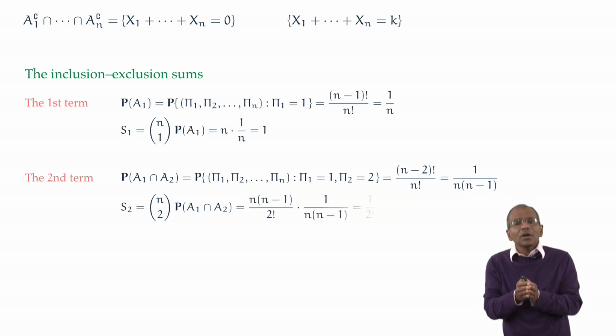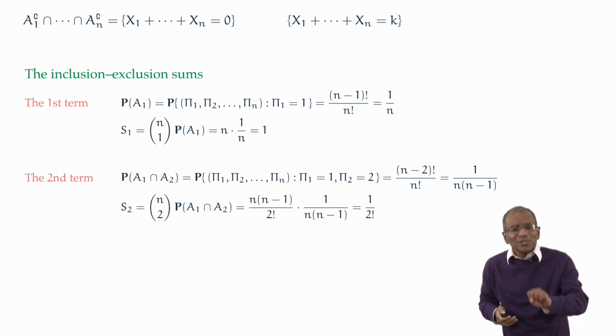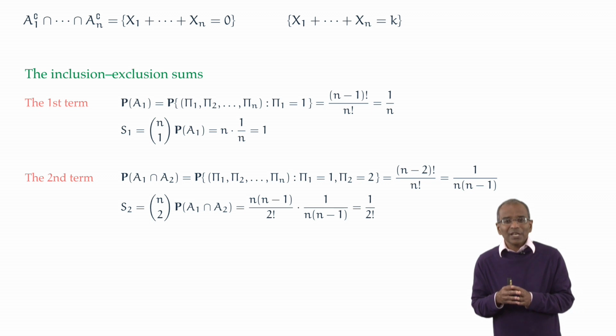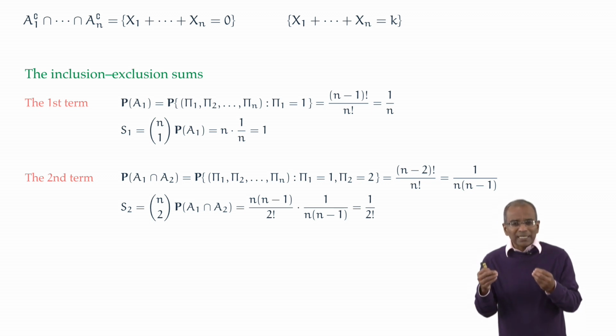And this gives us 1 over 2, or 1 over 2 factorial. Having seen the cases for the first and second terms in the inclusion-exclusion sums, we're now coming to a right understanding of how this thing is going to play out.